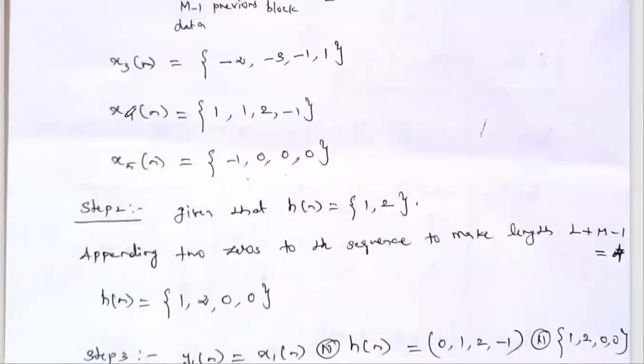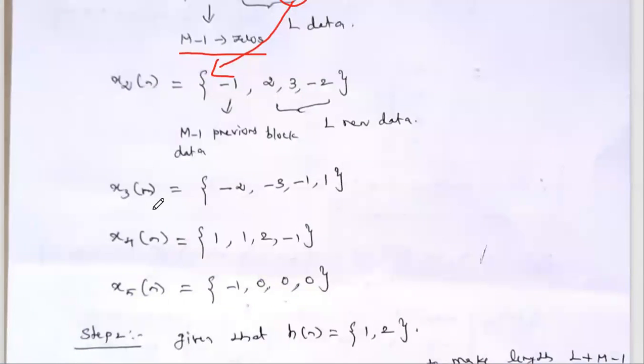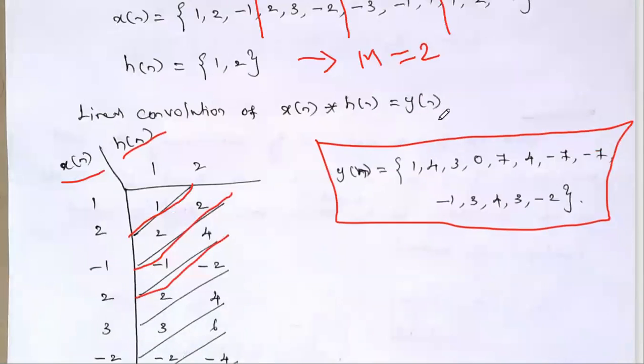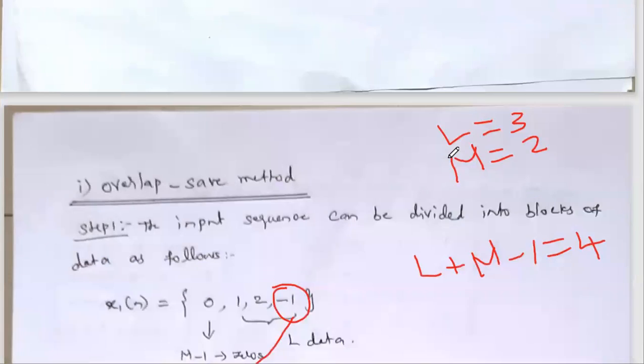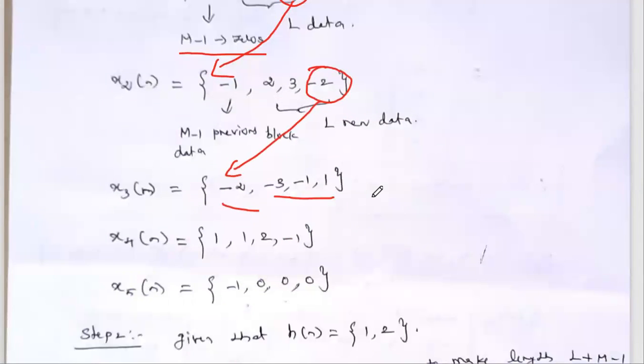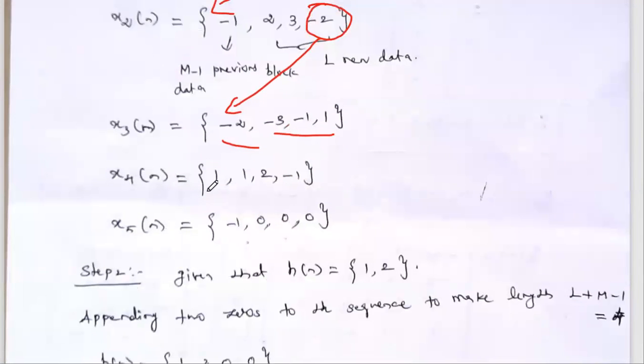Okay, then similarly x3 of n is constructed with the first m minus 1 data being the last m minus 1 data of the previous block, followed by the new 3 data. What is the new 3 data from our sequence? Minus 3, minus 1, 1. Similarly, x4 is constructed by the last data from the previous block, followed by the next new data.